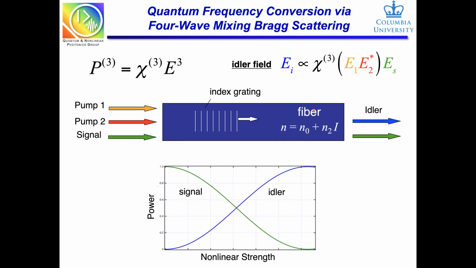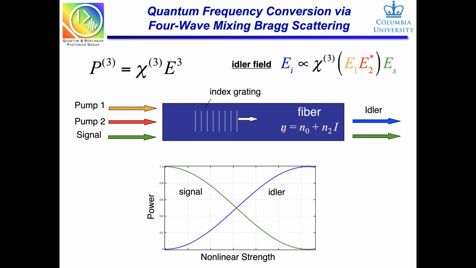So here's this magical chi3 process, which is producing this frequency conversion. I wanted to give you a classical description of what's actually going on here. Imagine you have your medium here, which has a chi3. Another way of thinking about it is that having a chi3 is the same as saying the index of refraction of the material is intensity dependent.